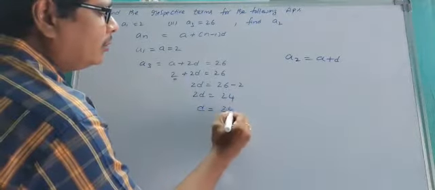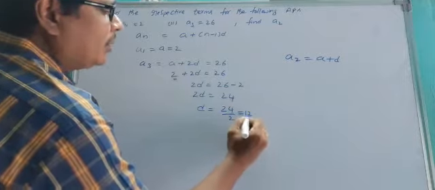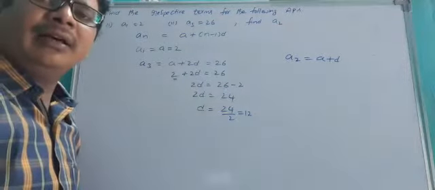So d equals 24 by 2, that equals 12. We got the value of d.